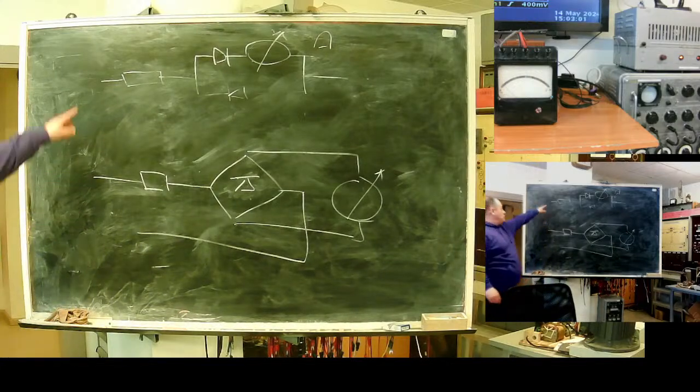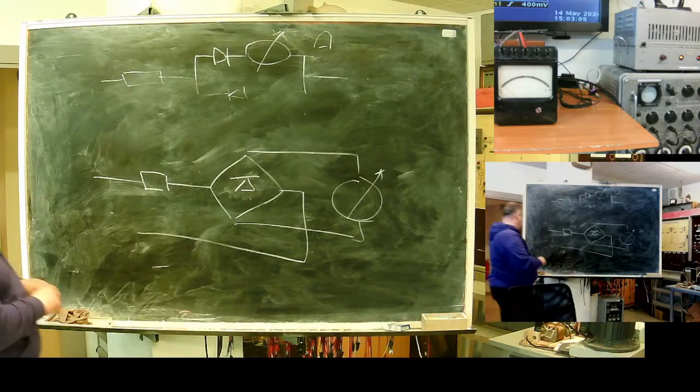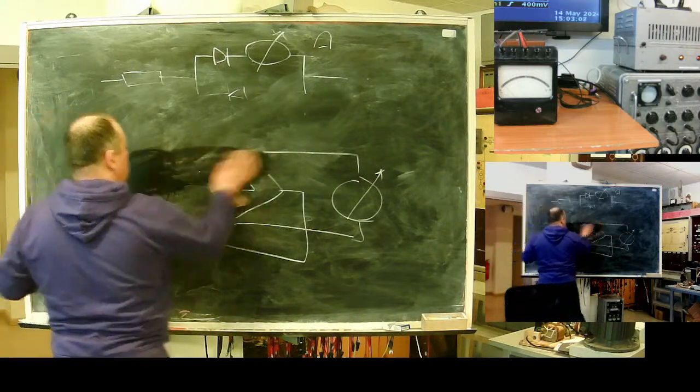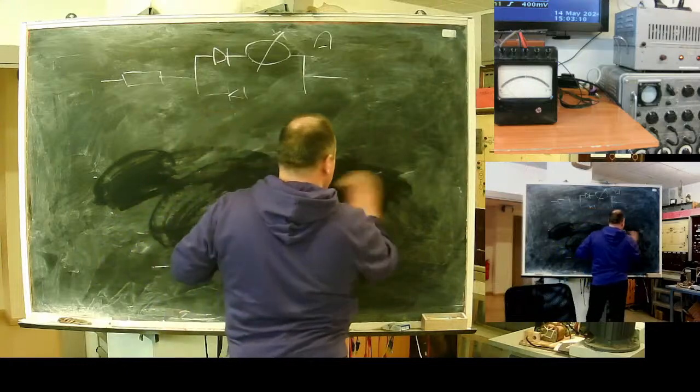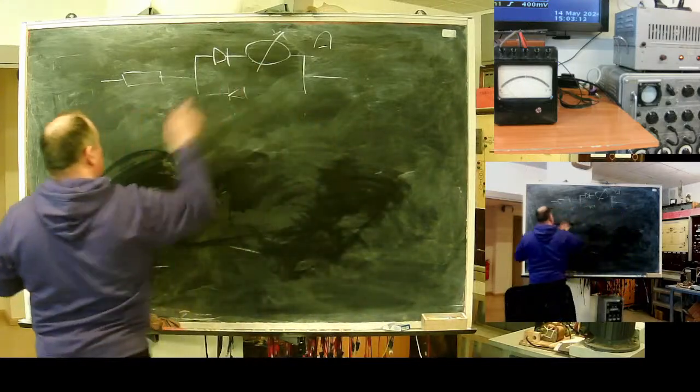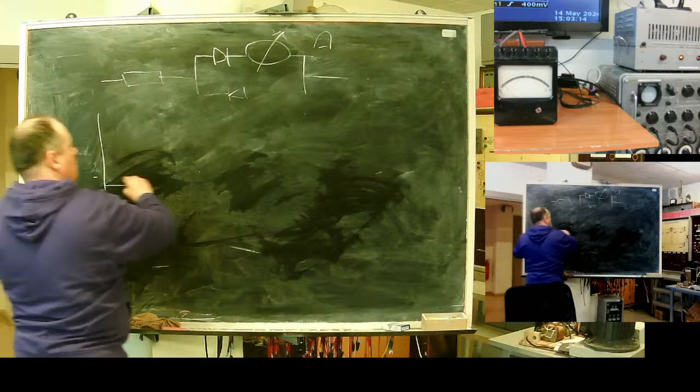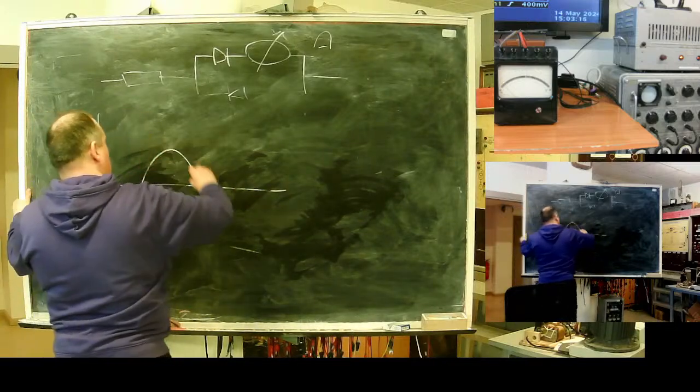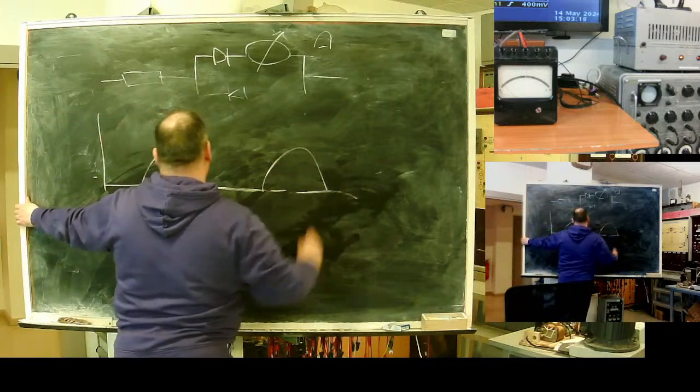What will an instrument of such design show in reality? For the first version, the current through the instrument will be something like this.